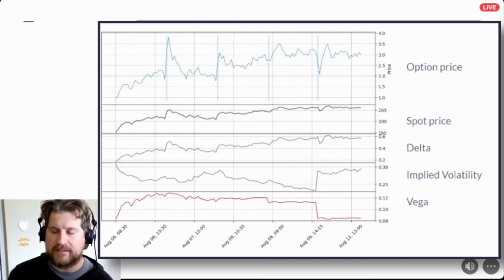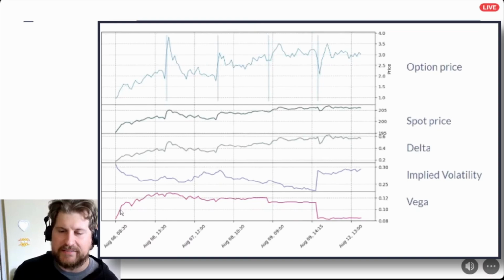If implied volatility increases by one implied volatility point, so right here it looks like it was around 28, if implied volatility went up from 28 to 29, the value of this contract would go up by 10 cents.